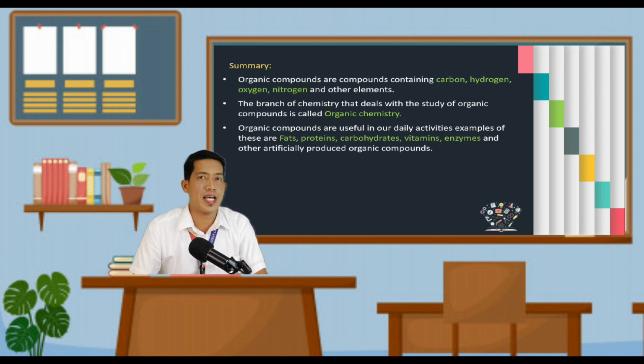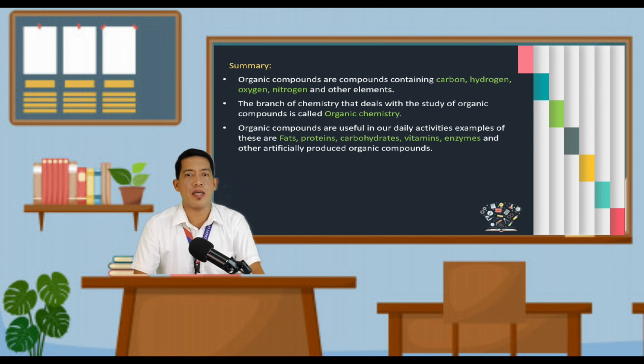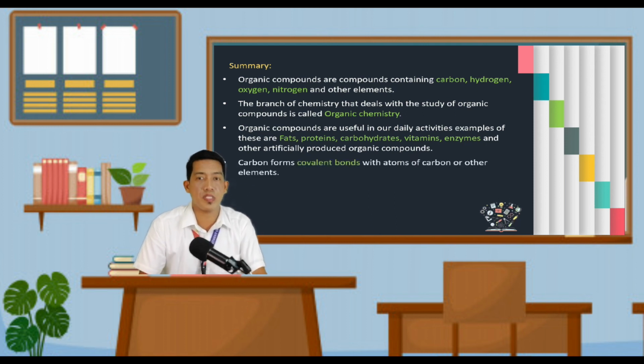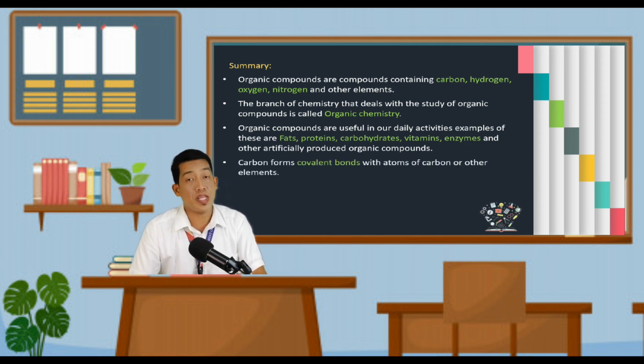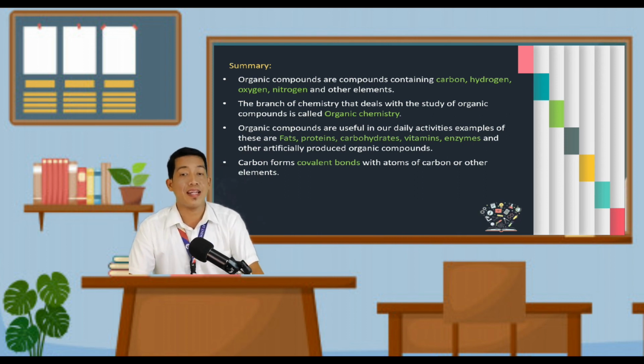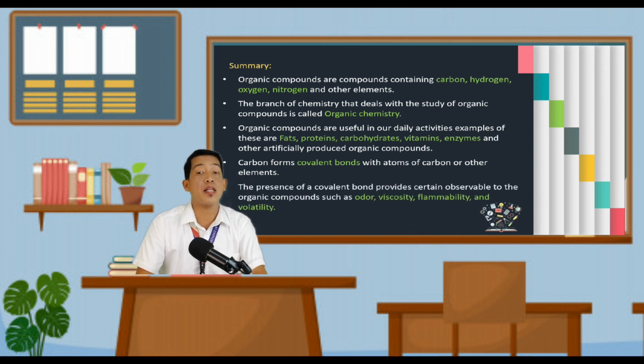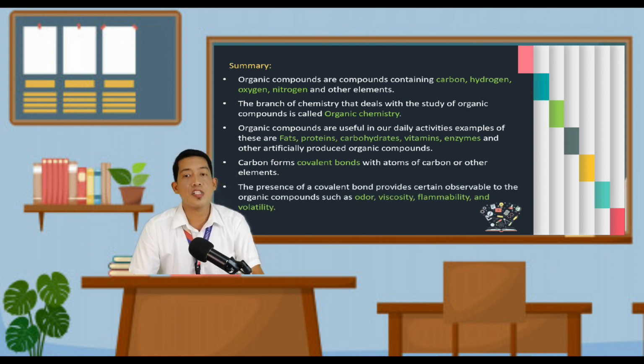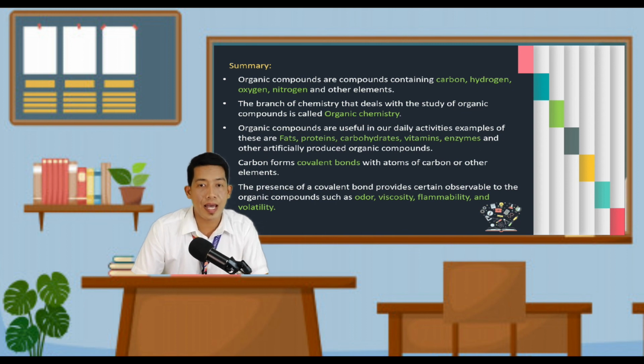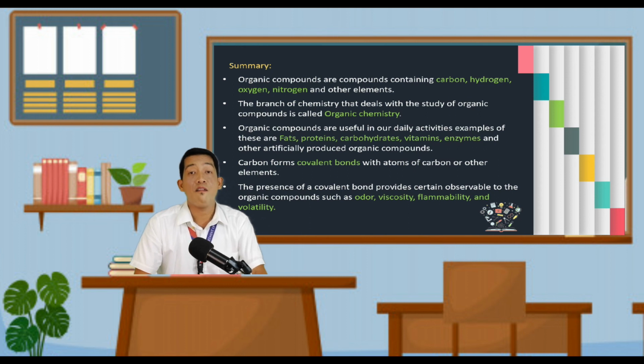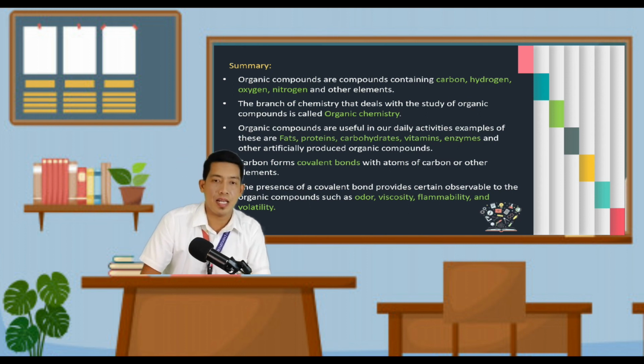Examples of this are fats, proteins, carbohydrates, vitamins, enzymes, and other artificially produced organic compounds. Fourth, carbon forms covalent bonds with atoms of carbon or other elements. And last, the presence of covalent bonds provides certain observable properties to organic compounds such as odor, viscosity, flammability, and volatility.